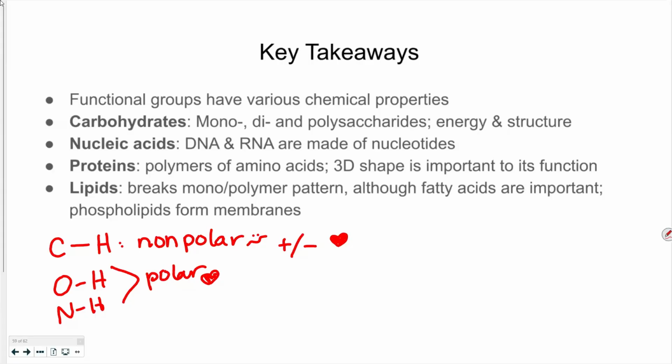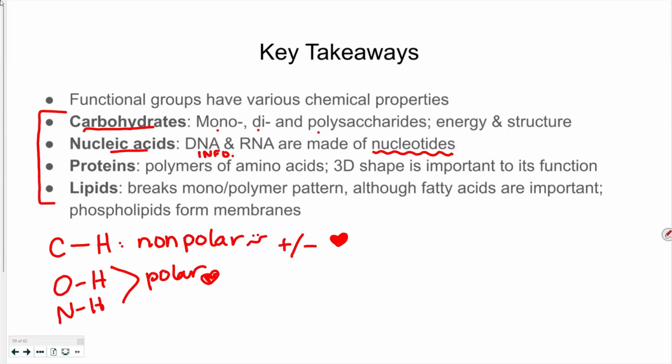Our four classes of biomolecules: carbohydrates, nucleic acids, proteins, and lipids. Carbohydrates are going to be found in mono, di, and polysaccharides. Their functions are mostly energy and structure. Okay, our nucleic acids, our monomers are called nucleotides, and these are the information storage molecules to build proteins.